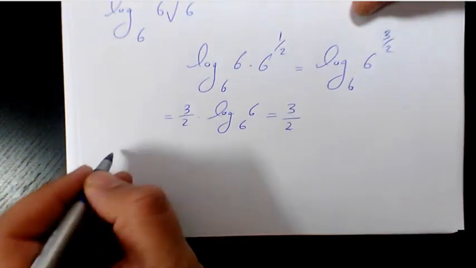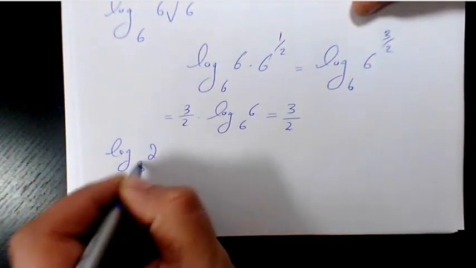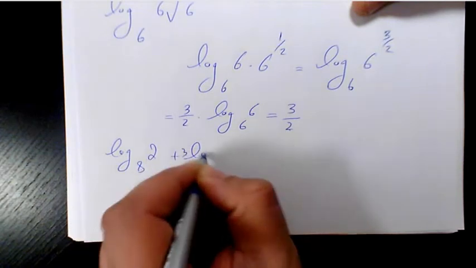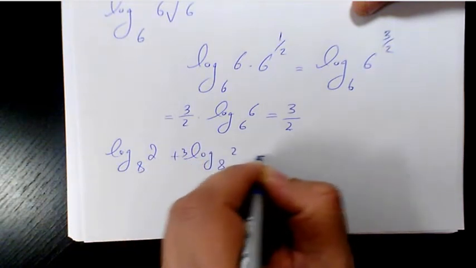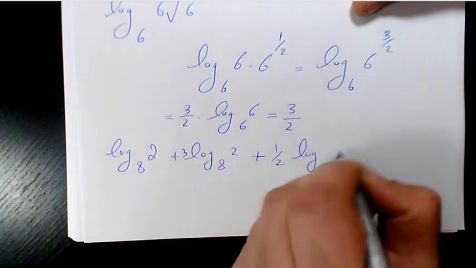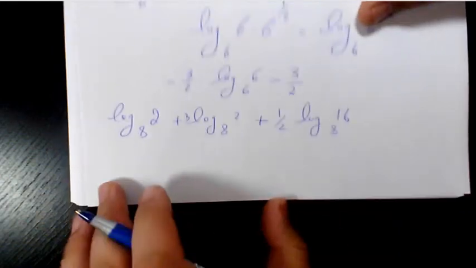Next example, log 2 base 8 plus log 2 base 8 plus 1/2 log 16 base 8.